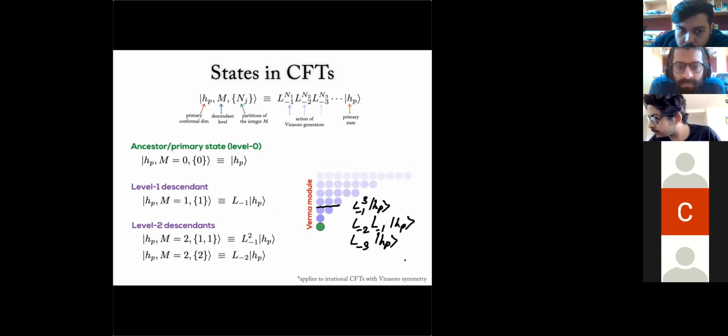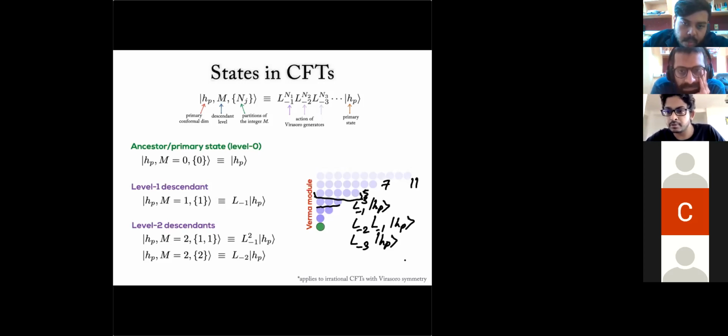And then at higher levels, there are 3 because there are 3 integer partitions of 3. And at the next level, you've got 5 states because there are 5 integer partitions of 4. And then you've got 7 states because there are 7 integer partitions of 5. And then 11 states because there are 11 integer partitions of 6, and so on.